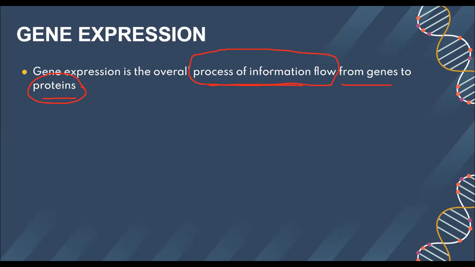So basically, it's the process of information flow from genes to proteins. Whenever a particular protein is required, that gene will be expressed. If that protein is not required, that gene will not be expressed. If a protein is required in a certain amount, the gene expression should continue for such a period of time to produce that amount of protein.